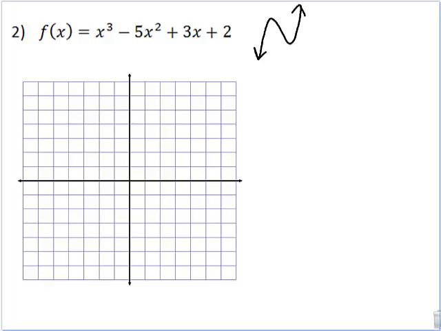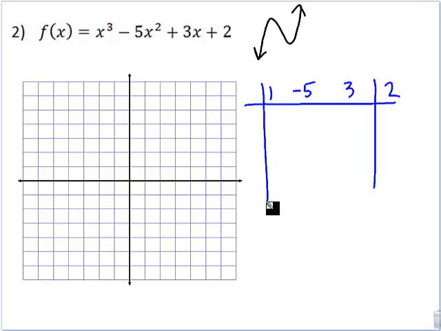Okay, so let's set up synthetic. So we've got 1, -5, 3, and 2. This would be our x, and our remainder would be our y. Okay, and generally speaking, we always just start right around -2 to 2.